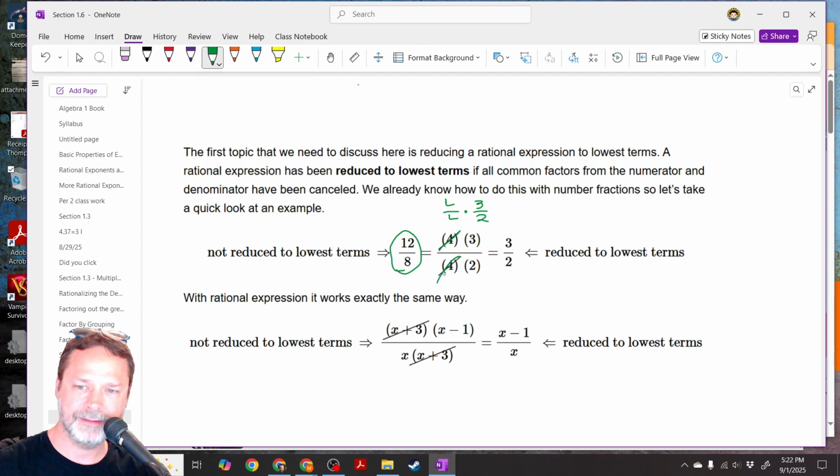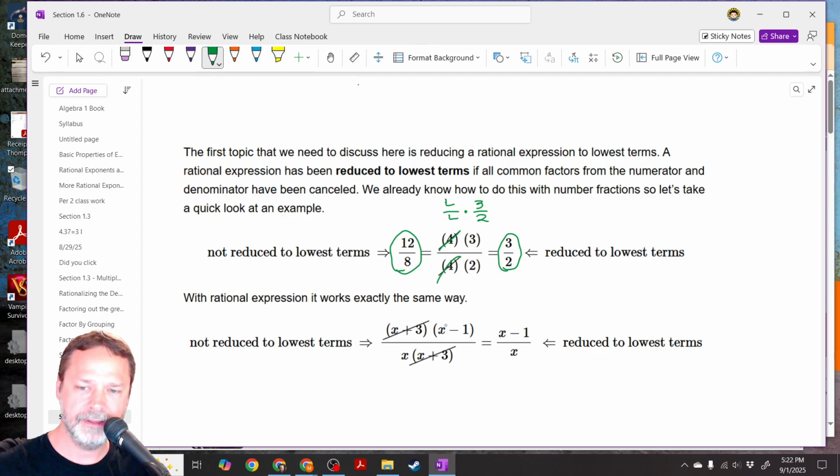That's why we can cancel these and end up with 3 over 2. So using that same philosophy, we can do rational expressions, that is, when the numerator and denominator are polynomials.